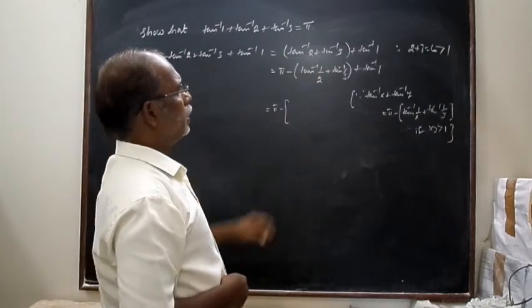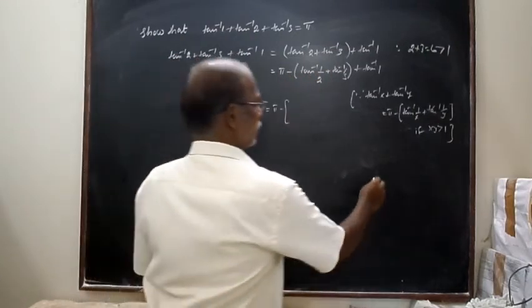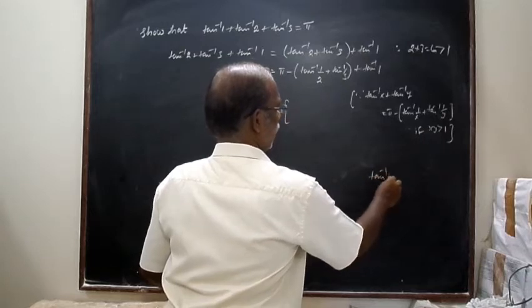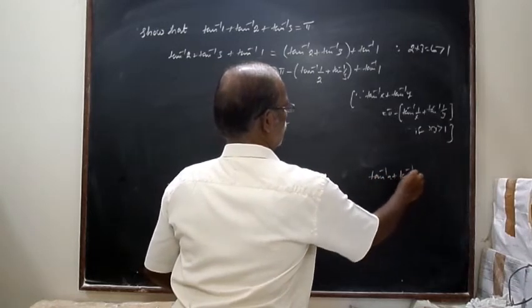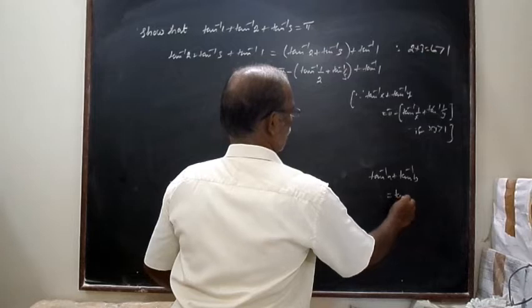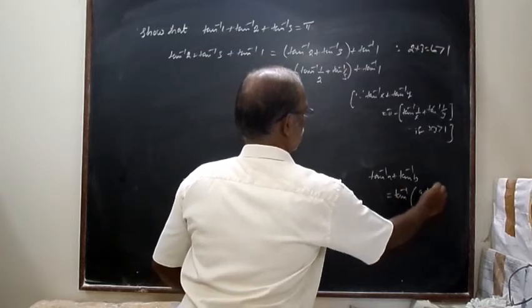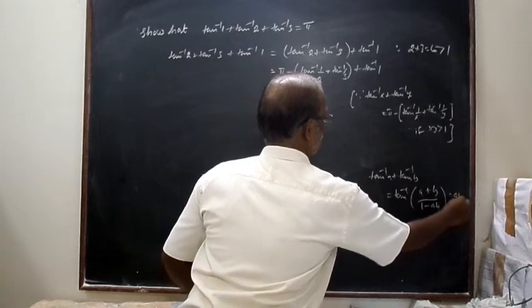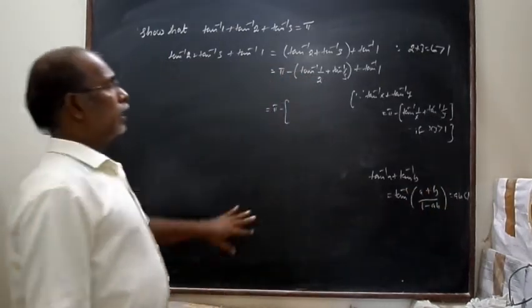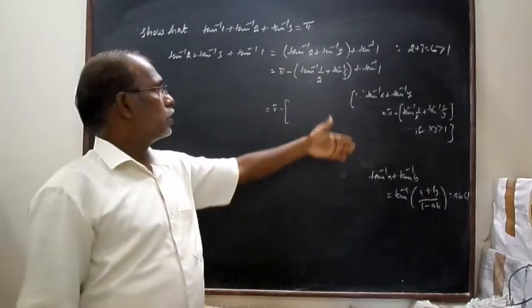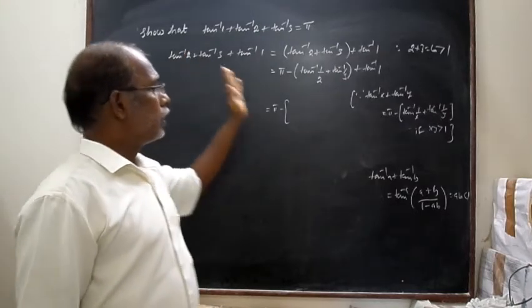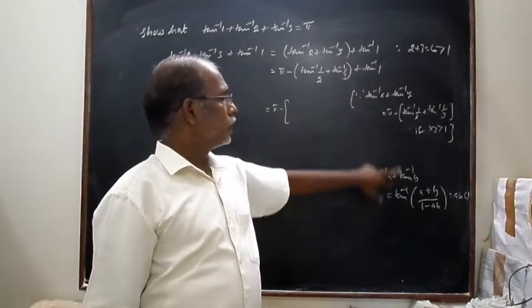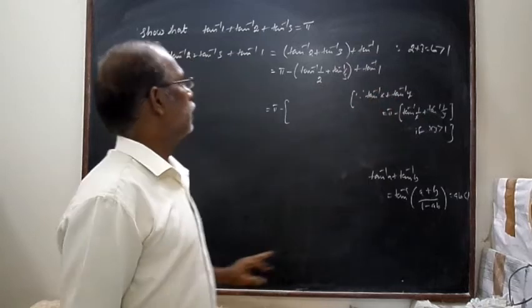So we can apply the property straight away: tan inverse A plus tan inverse B is tan inverse of A plus B divided by 1 minus AB. Here AB is less than 1. When the product is greater than 1, we must follow the other formula in order to reduce the product to less than 1.